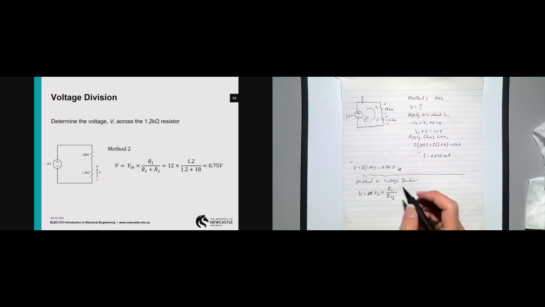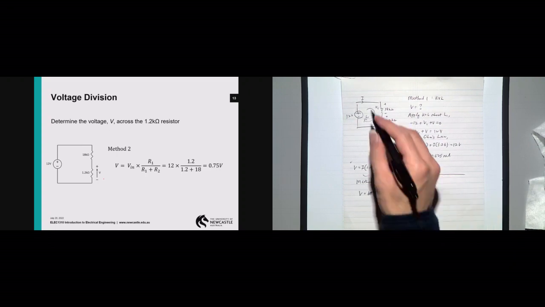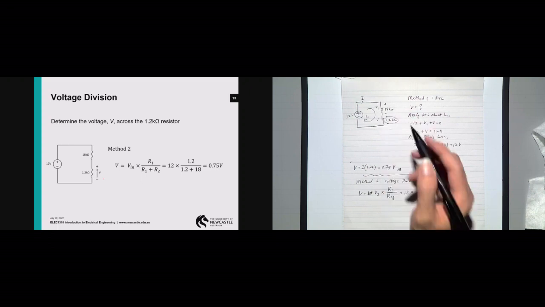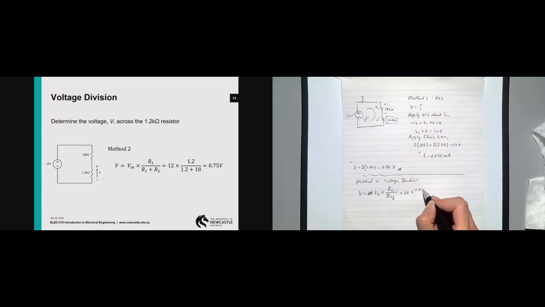So voltage source is equals to 12. The resistor of interest is 1.2 kilo ohms. Total is 18 plus 1.2. This gives us, once again, just 0.75 volts.